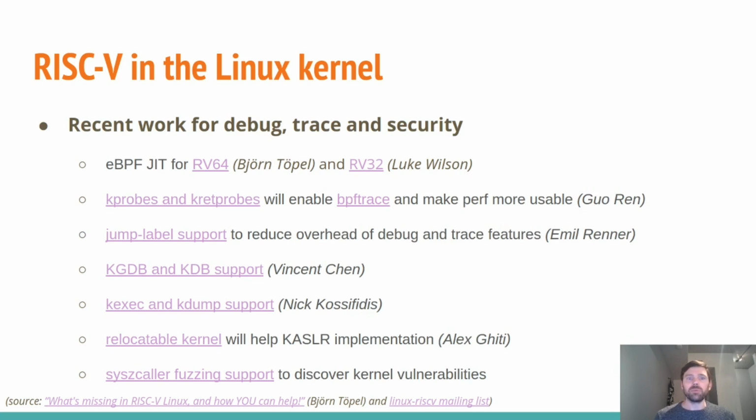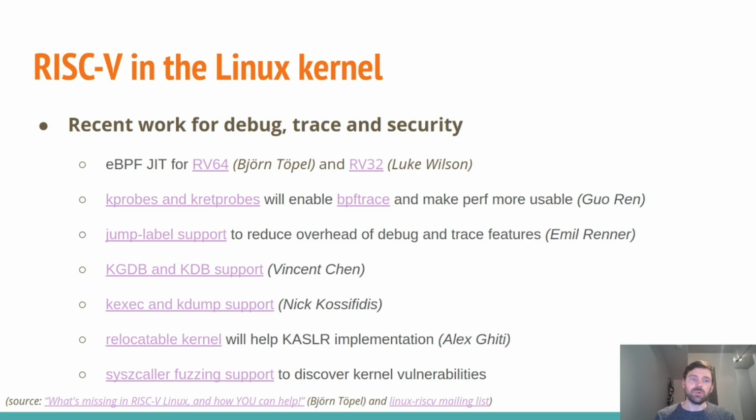Some of the recent work for debug and trace and security RISC-V support in the Linux kernel includes the eBPF JIT. This is important because eBPF is bringing lots of exciting capabilities to Linux, and it's important for that to be supported on RISC-V. Also, kprobes and kretprobes will enable BPF trace and make perf much more usable, and those are very powerful tools.